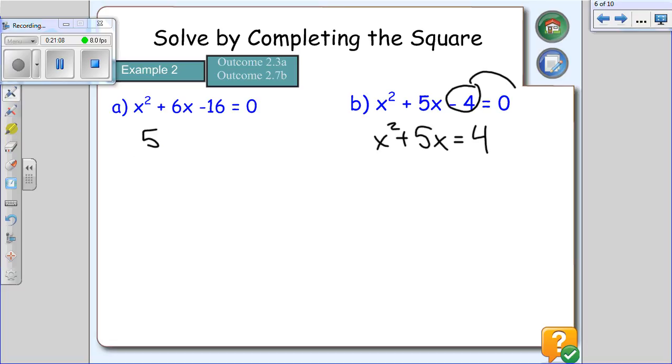I chose 5 because that's my b value. Whatever your b value is, that's what you pick. 5 divided by 2 is 2.5. Once you get into decimals, you don't want to do that, so just leave it as 5 divided by 2 squared. Leave it in that format.